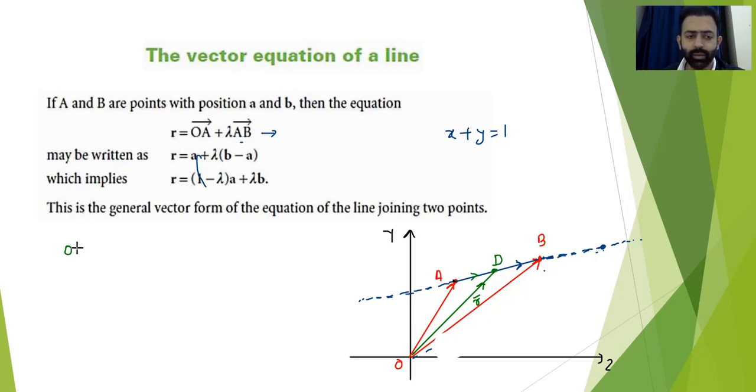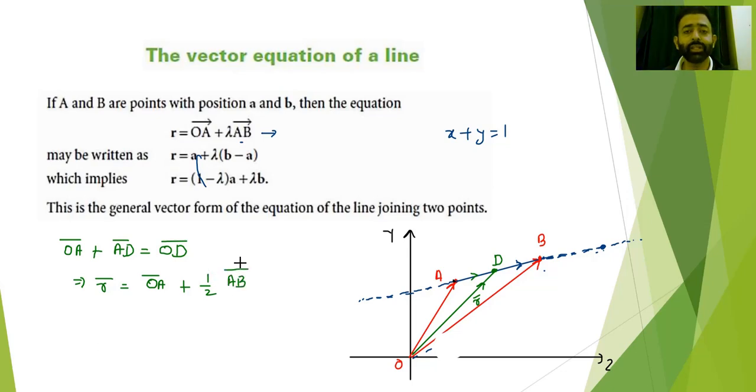That means vector r is equal to OA plus AD, and since D is the midpoint of AB, AD is half of vector AB. I write AD as half of AB because I have been given the information of only A and B, not D. So vector r is OA plus half of AB, the position vector of a point at the midpoint of AB.